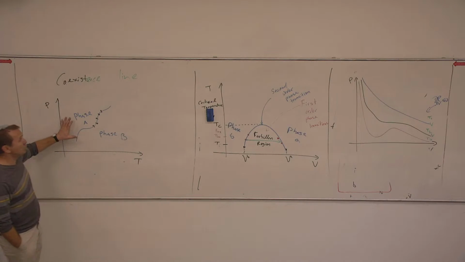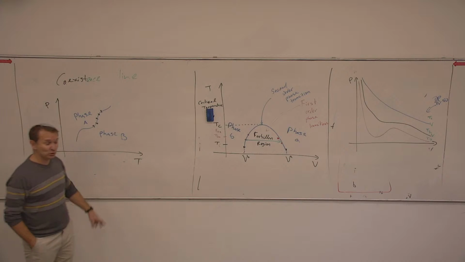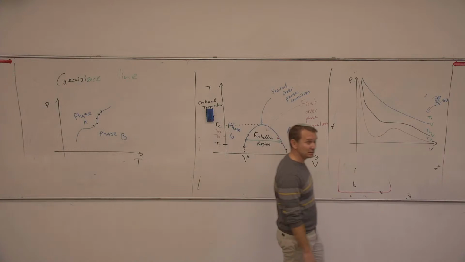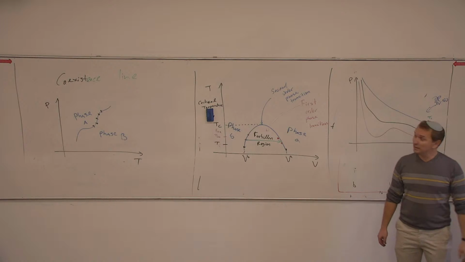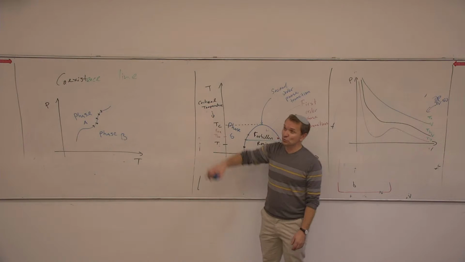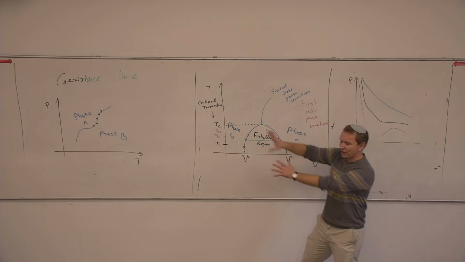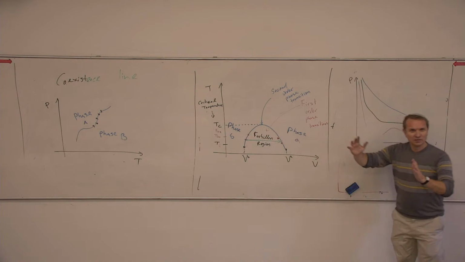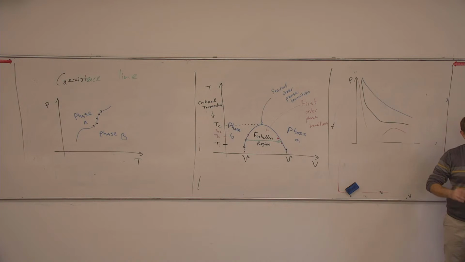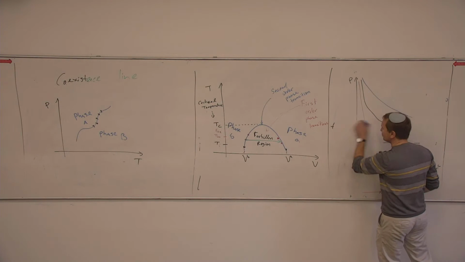Okay, so before going to this coexistence line, I want to show you something about some properties of energy, and I want to develop something which is called the Gibbs-Duhem equation. Okay? So before going to phase transitions, a small detour back to thermodynamics.